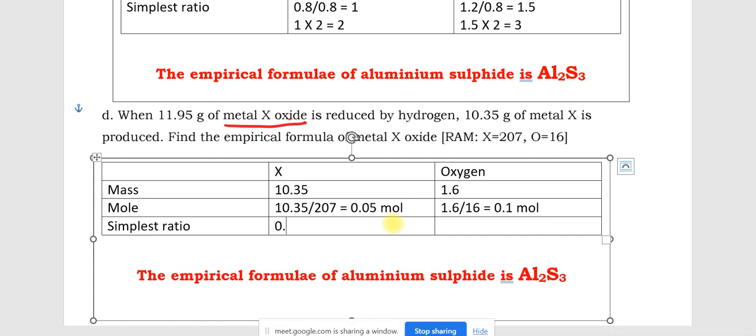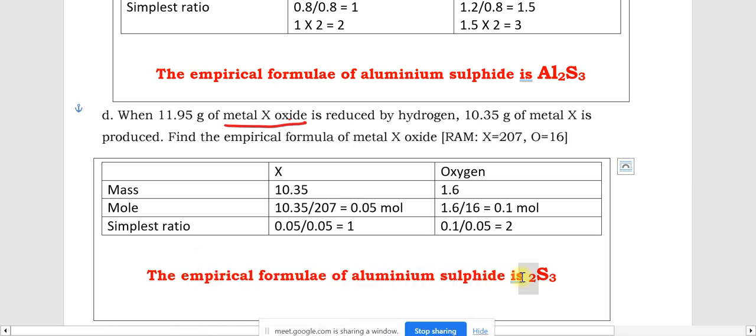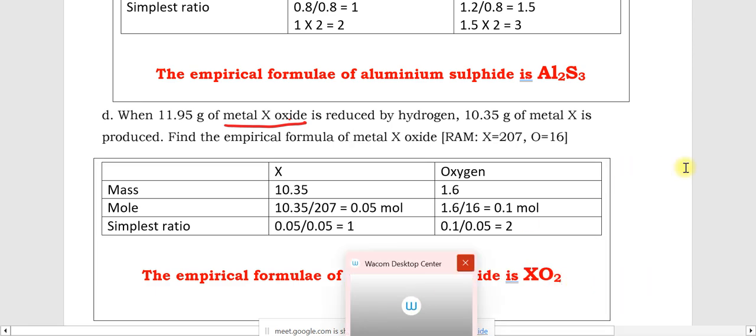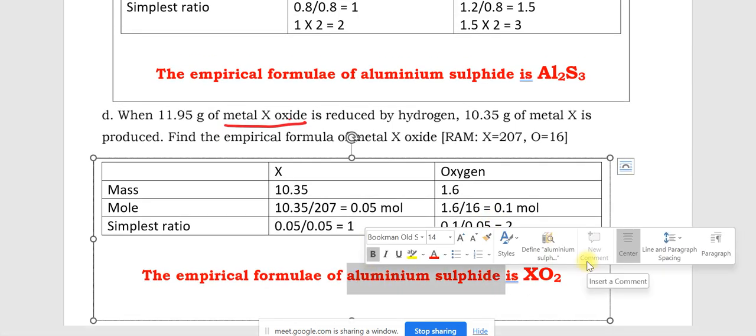So 0.05 divided by 0.05 is equal to 1. And then 0.1 divided by 0.05 is equal to 2. So X is 1, oxygen is 2. This is the answer. But this is not aluminium sulfide, this is metal X oxide.